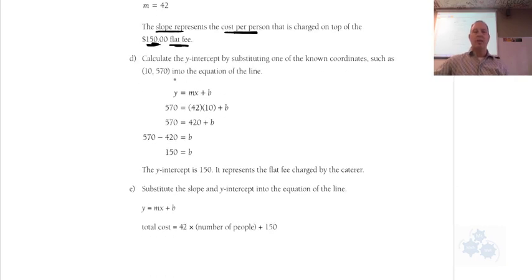So what they did was they picked an x value and a y value and the slope, and they solved for b. So this is really good as well. Okay, they solved for b. So for 10 people, the cost was 570. The slope is 42, and now the only missing thing is b. That's how you would solve that algebraically.